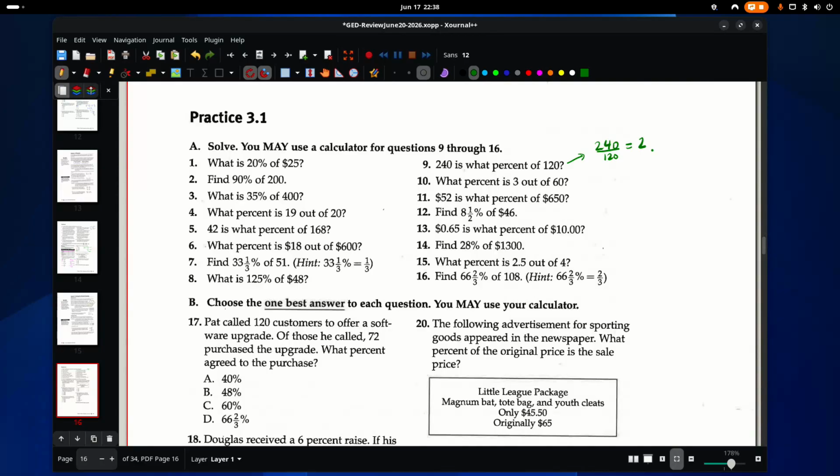So we're going to multiply by, and I'll go back and put that extra step in, same as what we did before, we're dividing and then multiplying by 100%. So we end up with 2 times 100%, which is 200%.